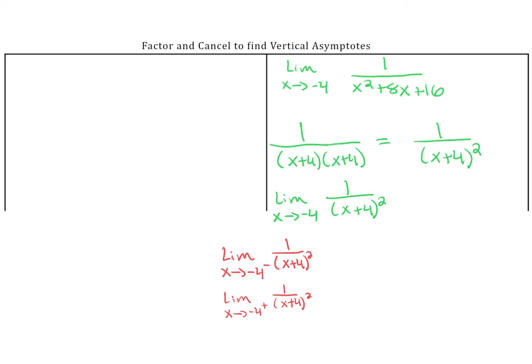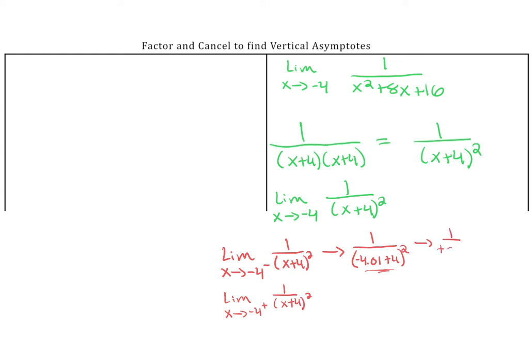As we're approaching negative 4 from the left, let's plug in a number just left of negative 4. So 1 over negative 4.01 plus 4. That will be a very small negative, but we're going to square it. So it's still going to be a very small number, but that's all of a sudden going to make it positive.